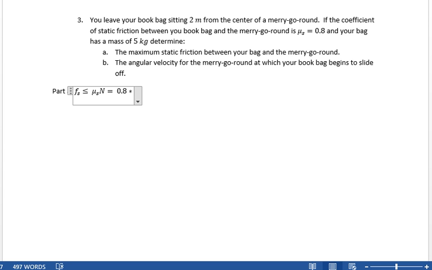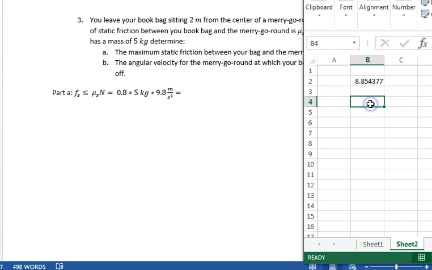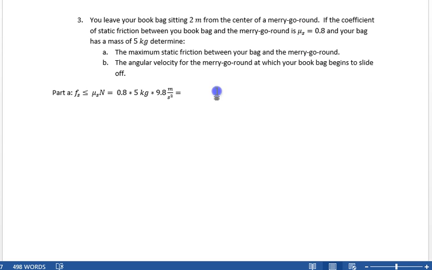So we're looking at 5 kilograms times 9.8 meters per second squared, right? And so we get the static friction is less than or equal to 0.8 times 5 times 9.8, which is 39.2 newtons. Right? That is the maximum static friction, 39.2 newtons.